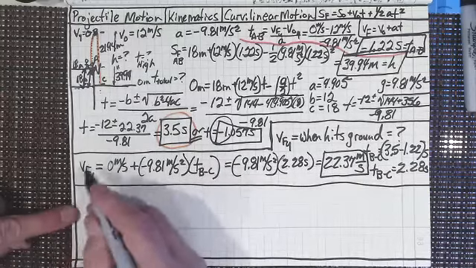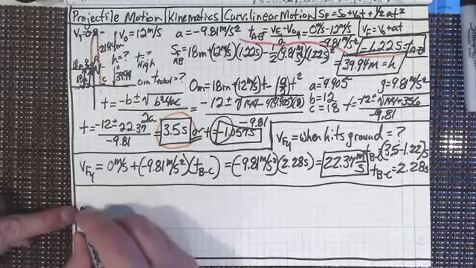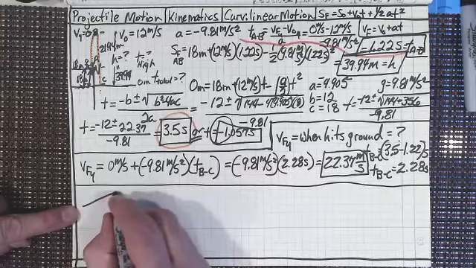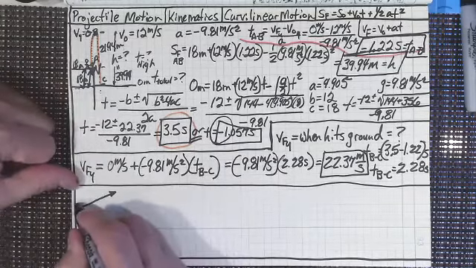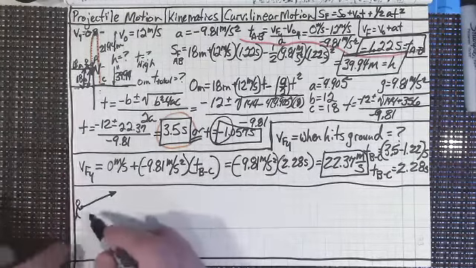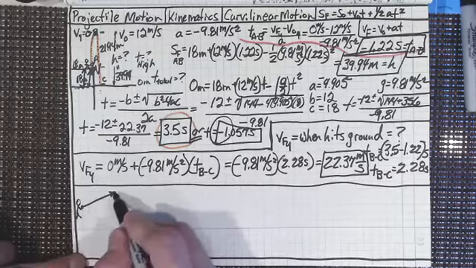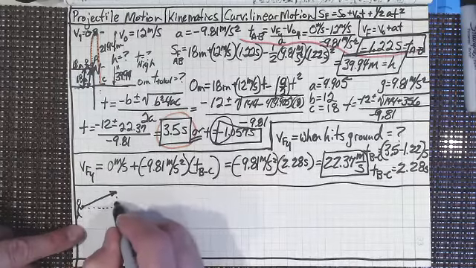Let's say that instead of throwing that up at 12, I'm actually going to throw it out from my arm, right? Let's say that I'm a pitcher pitching for the Detroit Tigers. And let's just look at the velocities that I've got here.